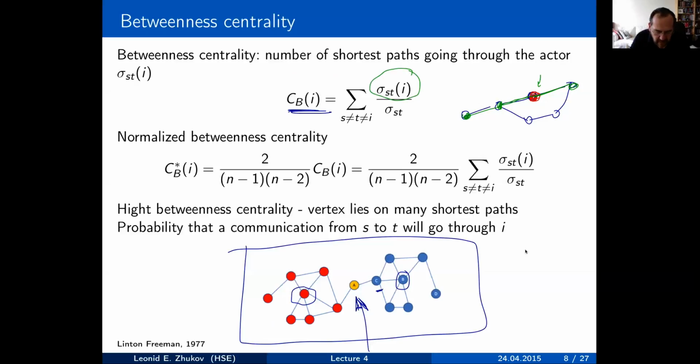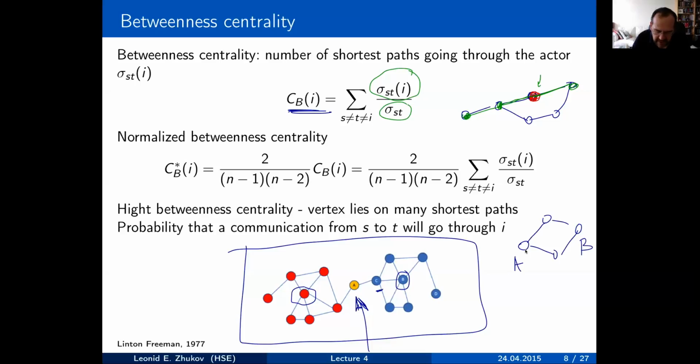We also normalize it by the total number of shortest paths between two nodes. The point is the following. If you have two nodes in the graph, say node A and node B, it is very possible that there is this type of structure in the graph.